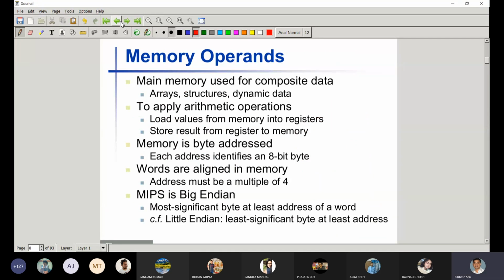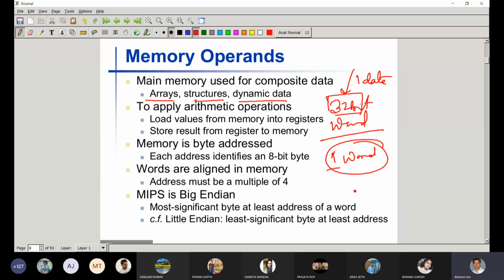Second, main memory is used for composite data, that means arrays, structures and dynamic data, because in a register I use one data item at a time, maybe 32-bit size, one word per register.